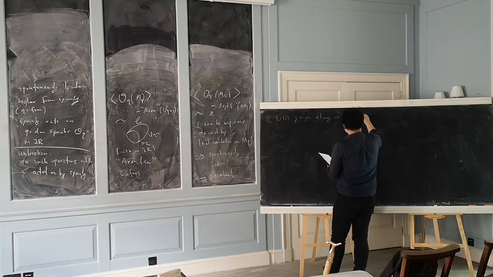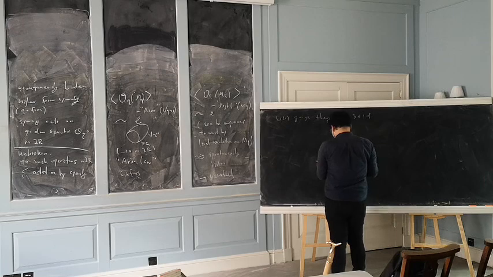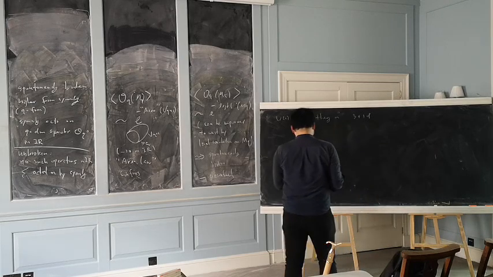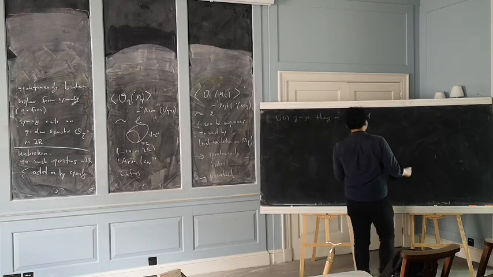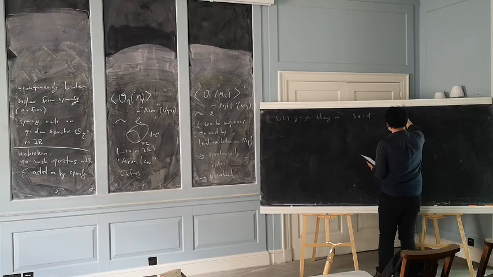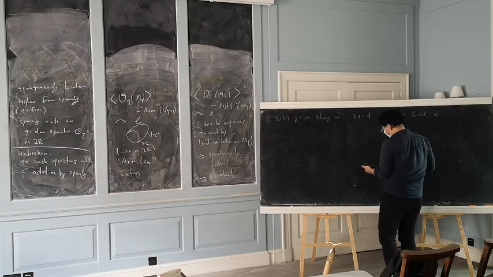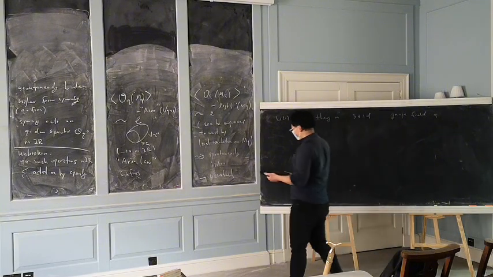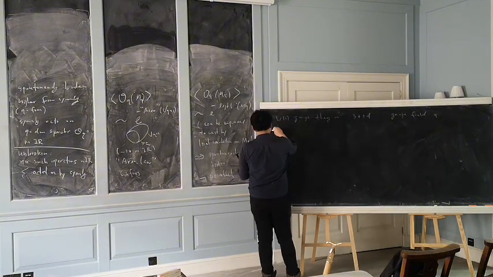So let's say we're going to consider a 3+1 dimensional U(1) gauge theory. So there's a gauge field A. Okay. So the theory has many line operators.